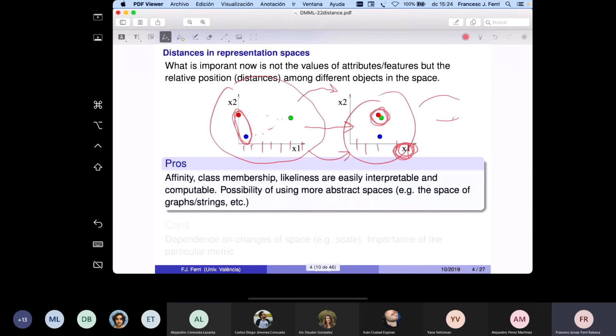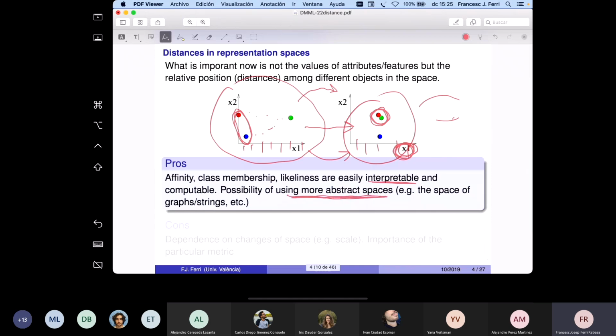As I was saying, methods based on distance have advantages, and perhaps the most important are interpretability and perhaps also the possibility of using more abstract spaces.